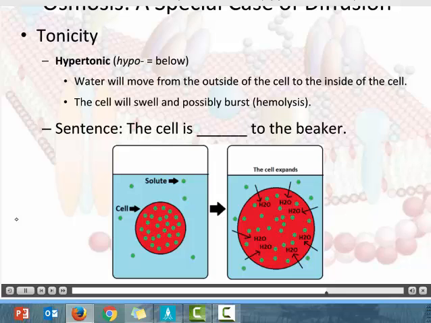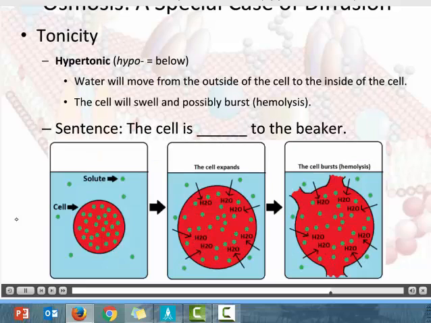This is going to cause our cell to swell. This is dangerous because our cells can swell to bursting and actually pop open. And if we rupture a cell like this, that is going to kill the cell.